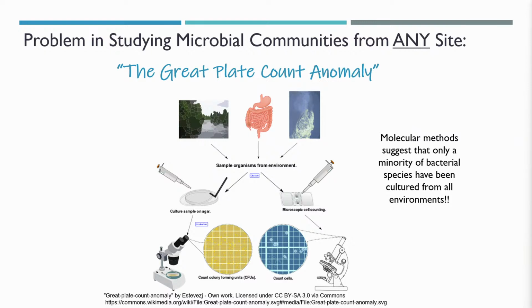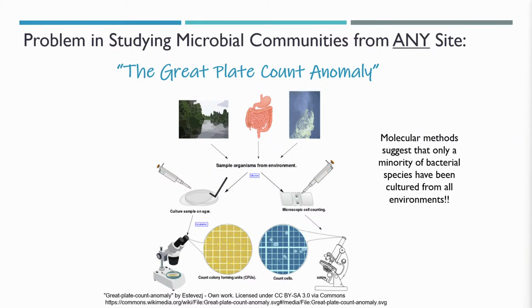Basically, if you take a sample from any environment, whether it's an ecosystem like a forest or the gut or anything, you mix it with water, you vortex it, and then you try to culture it by putting it on a petri dish. Then you take that same sample and put it under a microscope to count the number of cells.